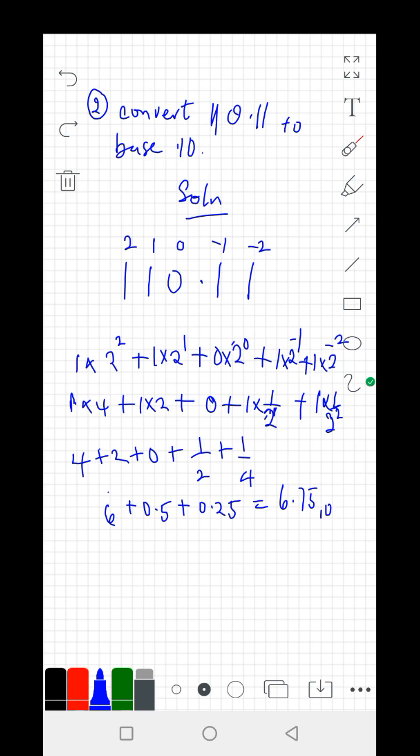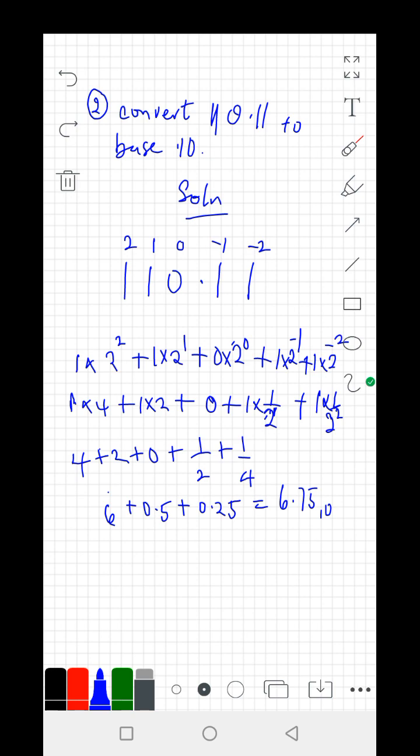So thank you for watching this video. I hope to see you in the next video, in which we'll be talking about how to convert a given number from one base to another base. So sometimes you might not just be given base 2 to convert to base 10.